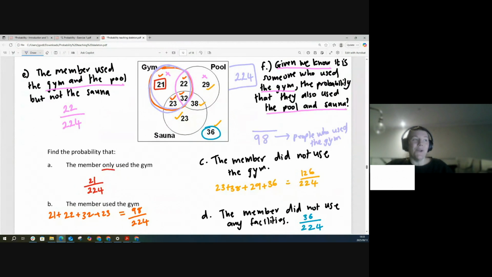What is the probability that they also use the pool and sauna? So then we're going to look at the people who use the pool and the sauna, which is 32 out of 98.